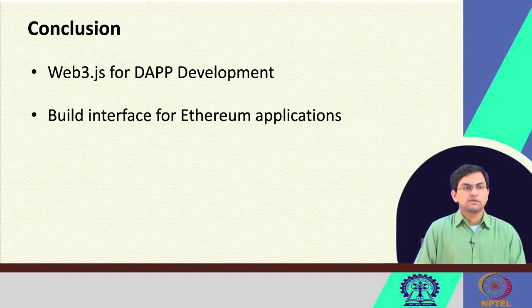Okay, so in conclusion, we saw how we can use the Web3 JS SDK, which is a collection of libraries for building dApps. You can add any logic in Node.js and use the Web3 JS libraries and utilities to interact with the Ethereum network and provide any kind of functionality to the users.